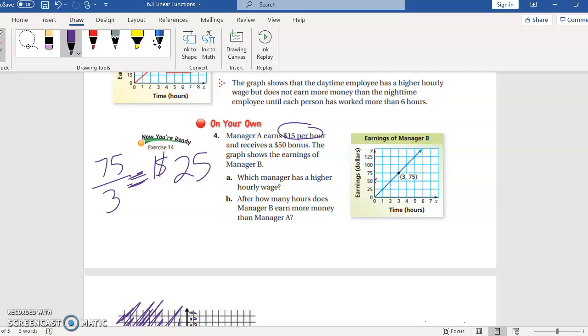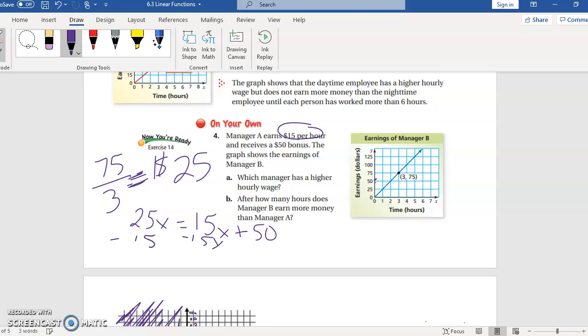So I could do 25x, because he makes $25 per hour. When is that going to be equal to employee A, which is $15 per hour, plus his $50 bonus? Okay, so then I'm just going to solve for x. So I'm going to subtract 15x from both sides.